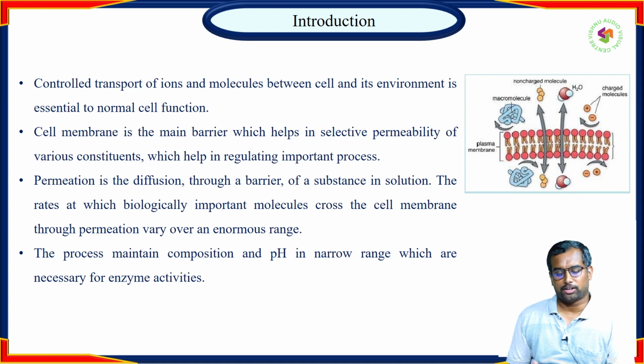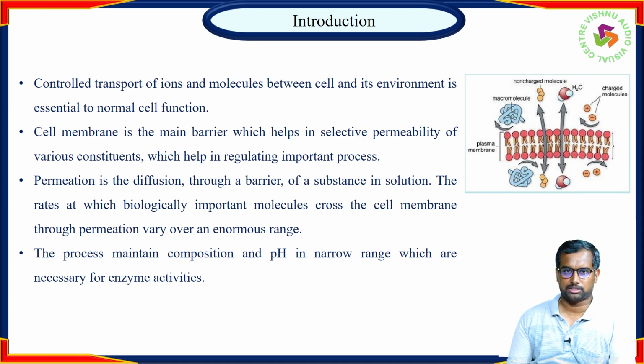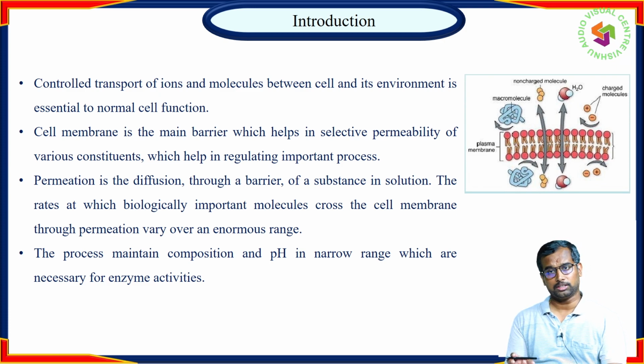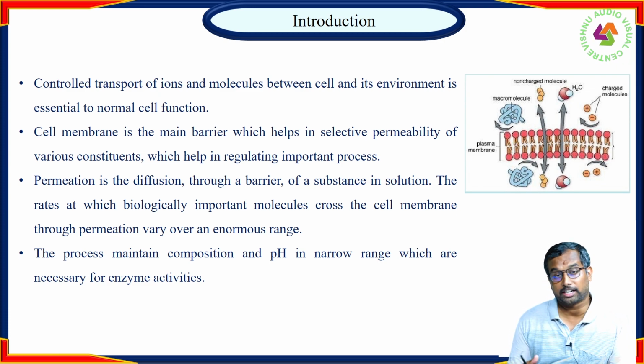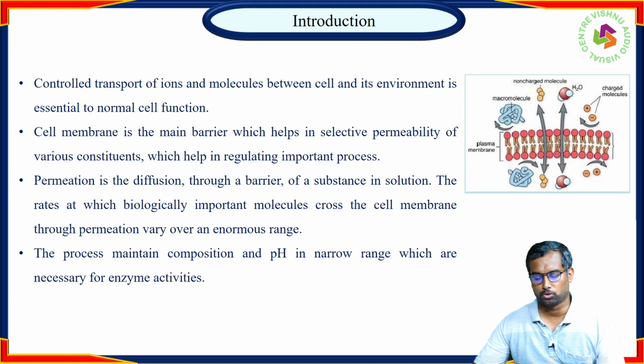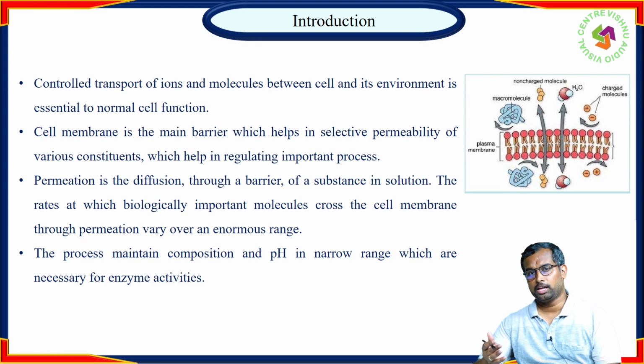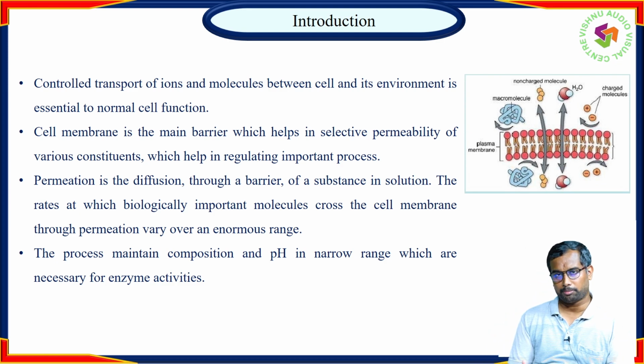Permeation is a kind of diffusion process that takes place across a barrier of a substance in any particular solution. The rate at which any biologically important molecules cross the cell membrane through permeation will vary based on the size of the membrane or the charge of the membrane or the charge of the particles.